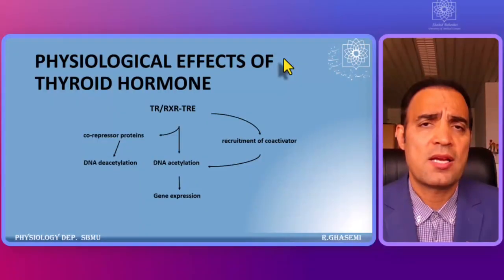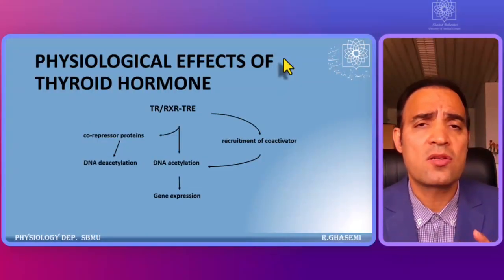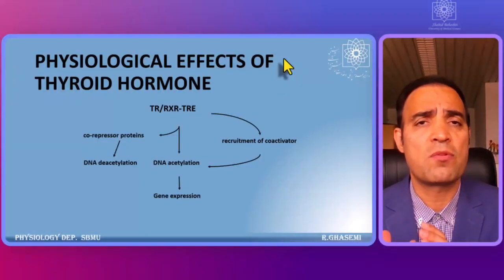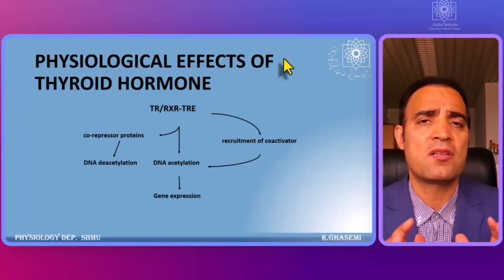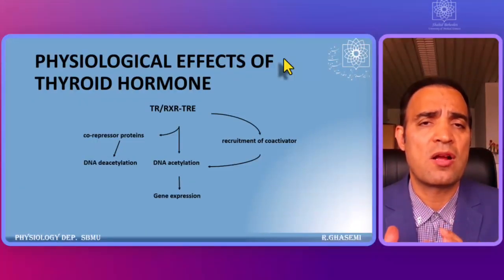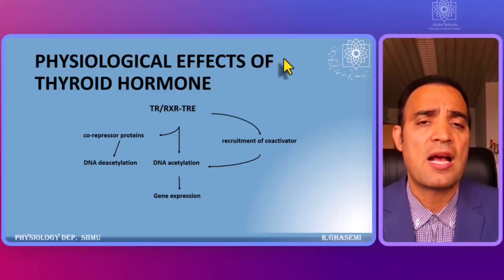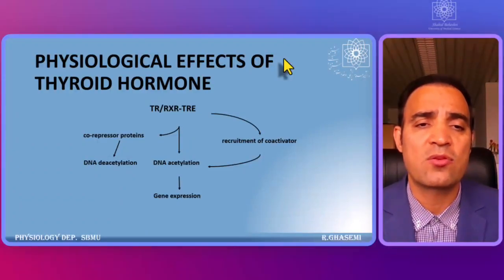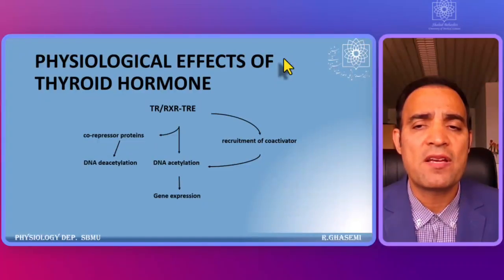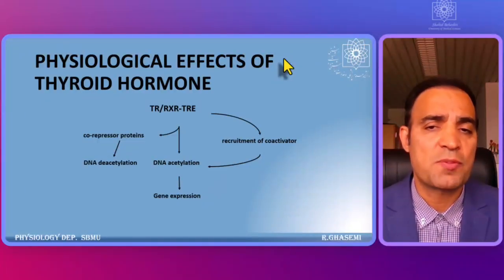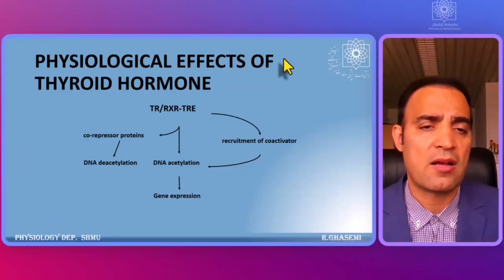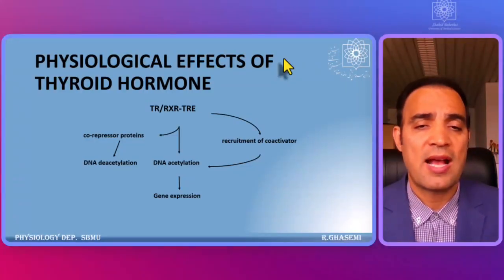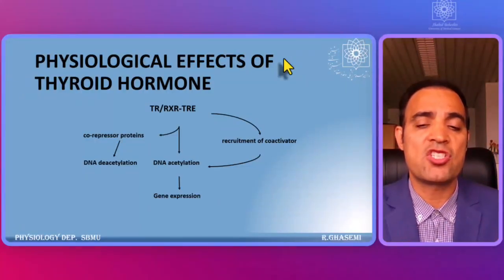Inside the nucleus, the thyroid hormone will bind to its receptor, and the complex of thyroid hormone receptor plus hormone and some cofactors added to each other will affect the gene expression by recruitment of coactivators or co-repressors.